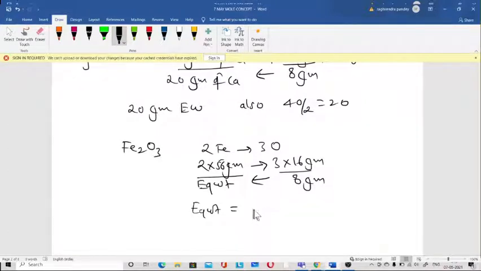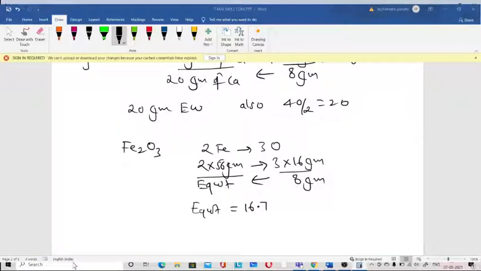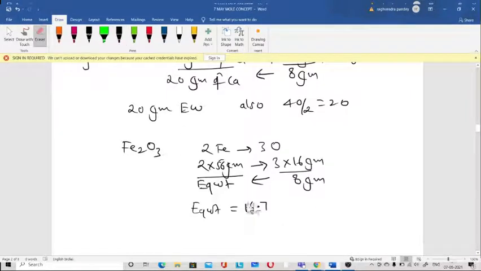It is 56 by 3 into 16 by 16, so it is 56 by 3, which is 18.6.